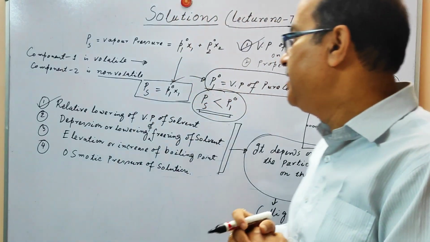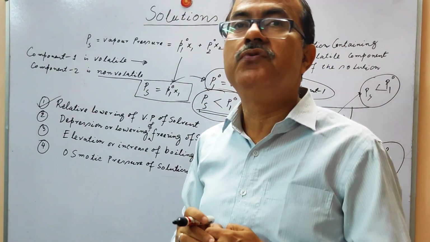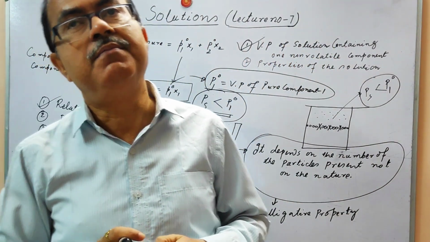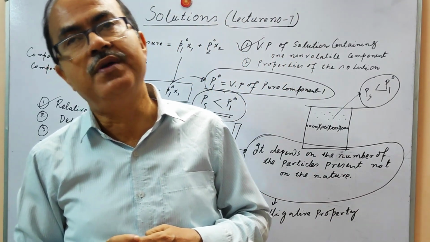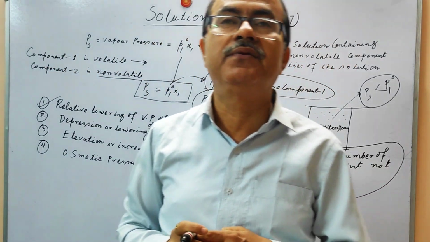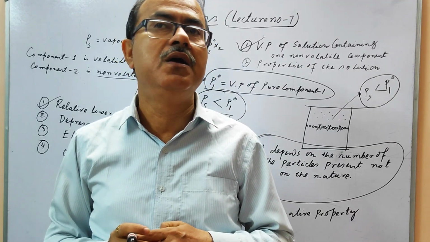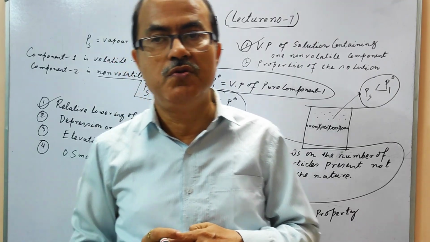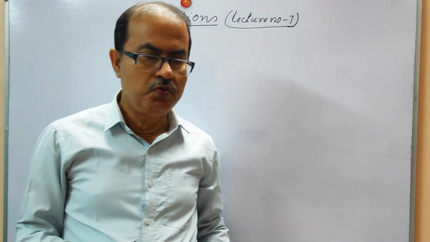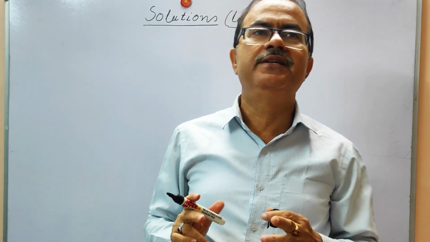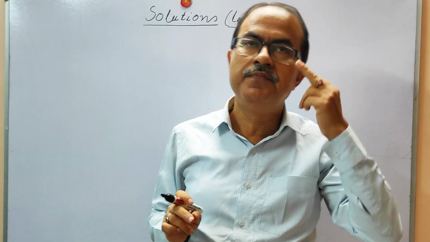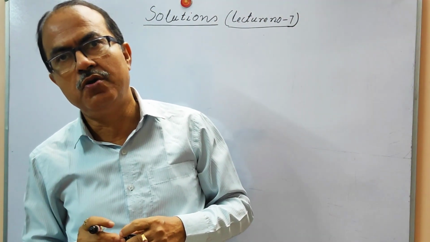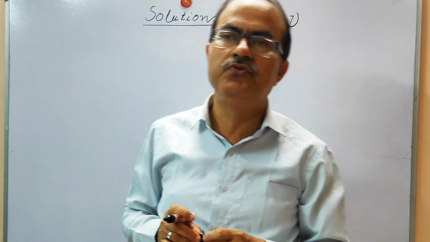That is, the relative lowering of the vapor pressure. Number 2, the depression of the freezing point. Number 3, the elevation of the boiling point. And number 4, the osmotic pressure. These four properties are affected by the reduction in the vapor pressure of the solution when the non-volatile substance has been added to it.